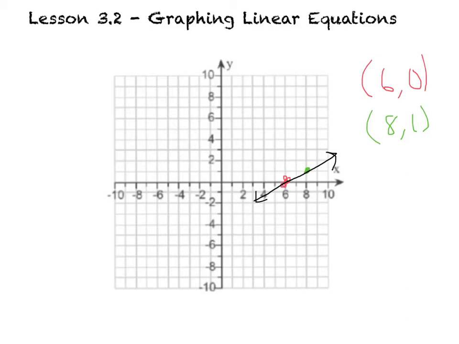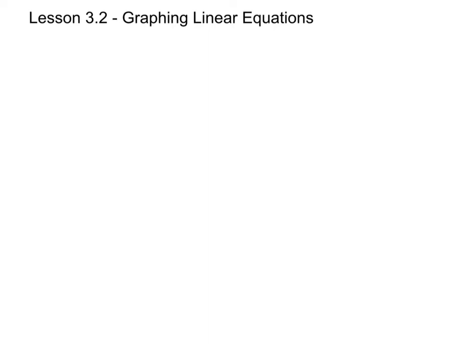Let's do one more quick example before I send you off to your homework. This one will be quicker, and this is like homework problem number 8. The equation on this one is x equals 4. Again, for all of these today, we're going to use a table.